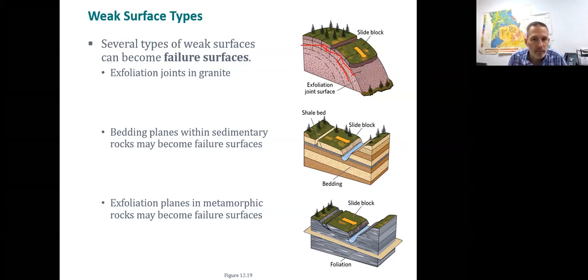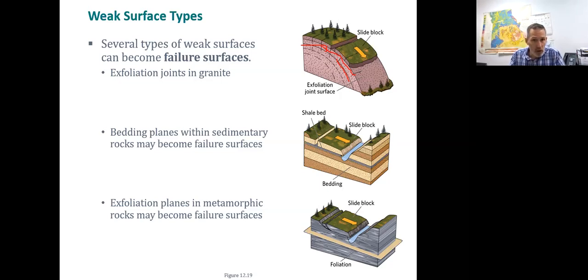If we have a layer of shale, remember that shale does not allow water to pass through, so it can actually hold water, and this creates some problems because water is going to fill in those pore spaces, increasing the driving forces. Water is also going to act as a lubricant, decreasing some of the resisting forces. So water has a multi-pronged approach for triggering some of these mass wasting events.